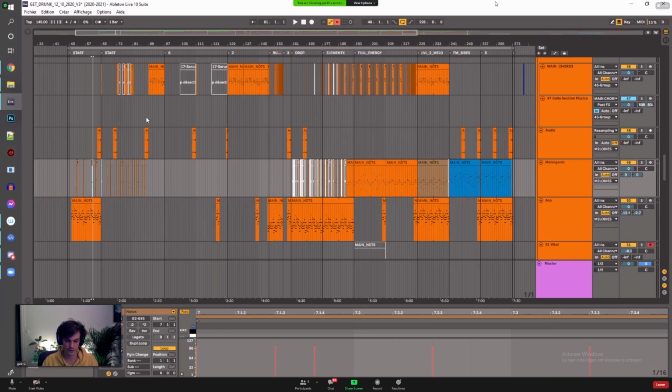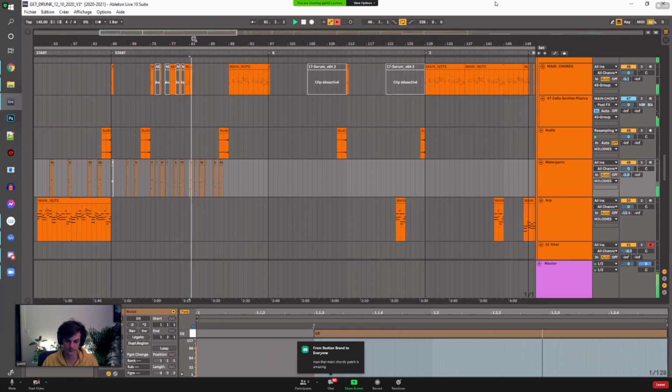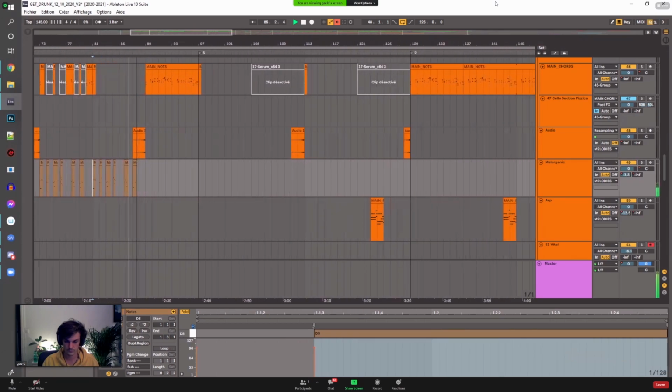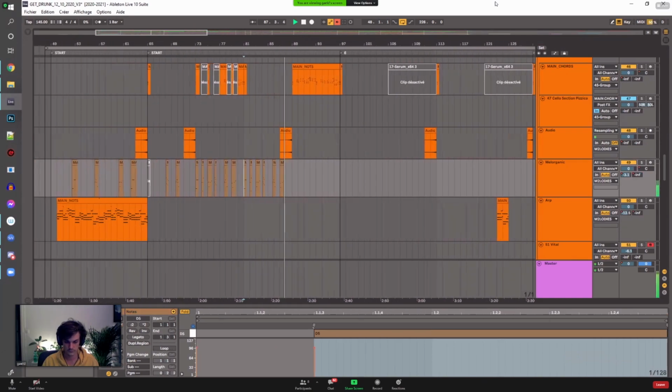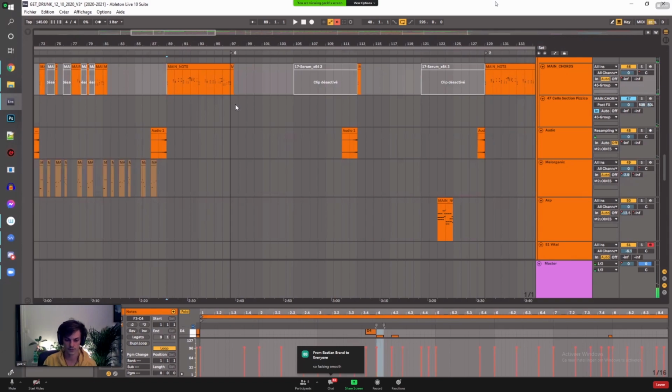But in the earlier part, I don't release the full melody. I only keep the main recognizable elements of the melody. And then I go into the overall chord progression.